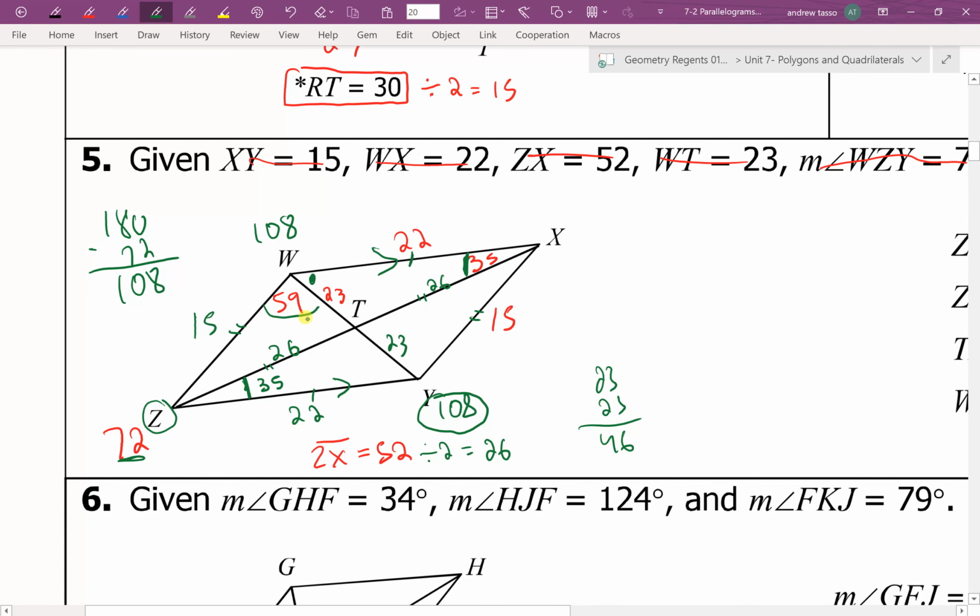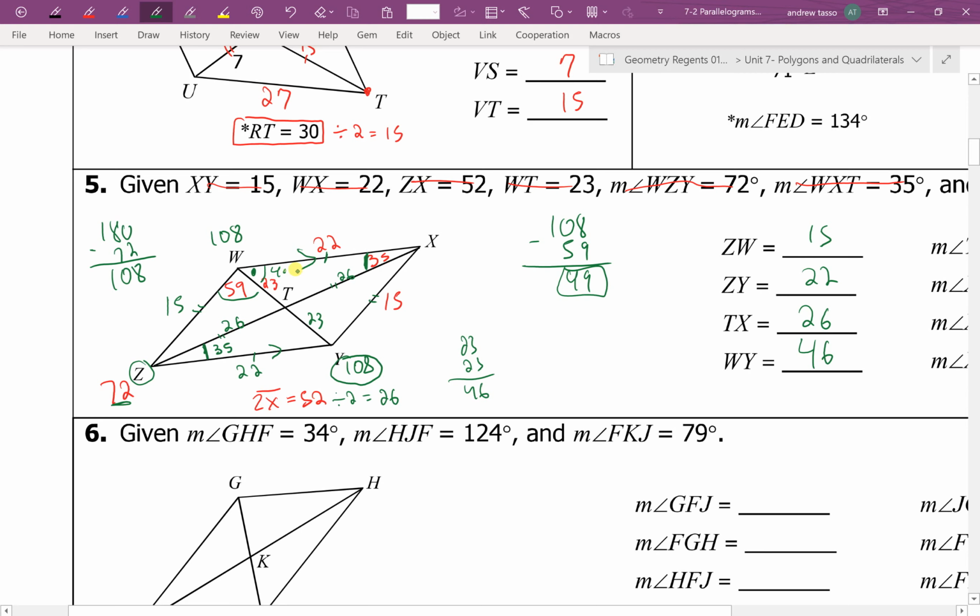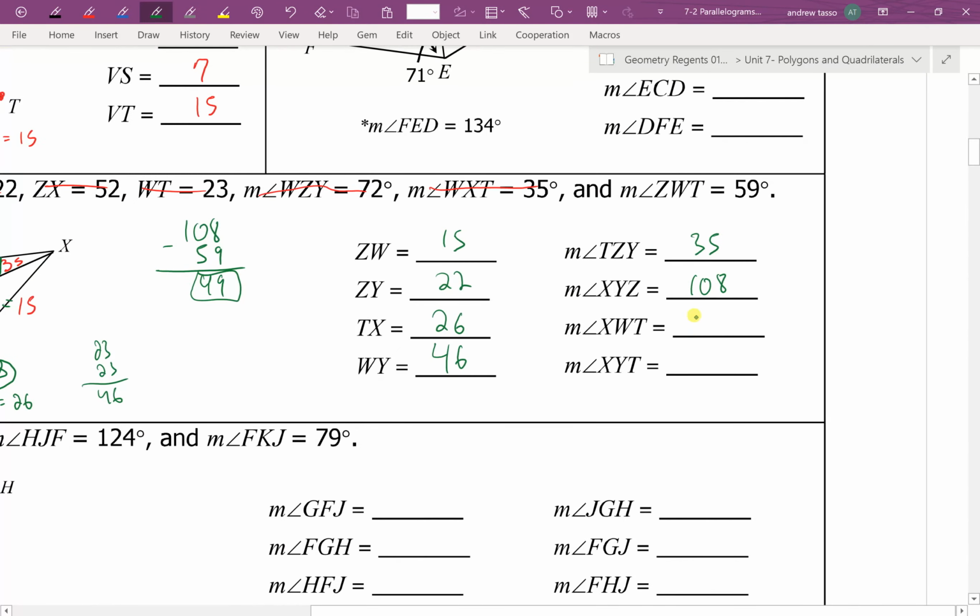Well, we know the left-hand side portion is 59, and this is unknown, but we know they have to add up to 108. So couldn't I just do this, right? And when we subtract this, I need to add 1 to get the 60, and then I would need to add 40, so 41 and 8, yeah, 49. I believe that's right. Okay. All right, so the missing angle is 49 degrees, so we'll fill that in.